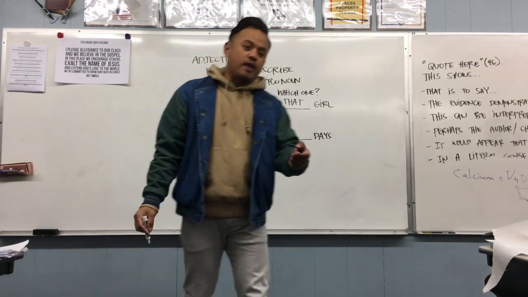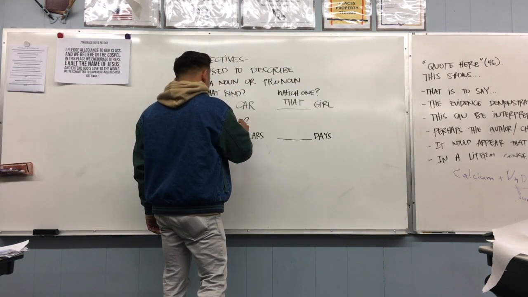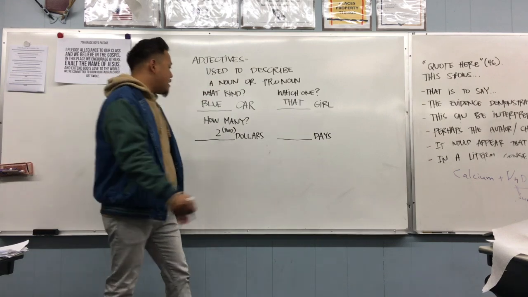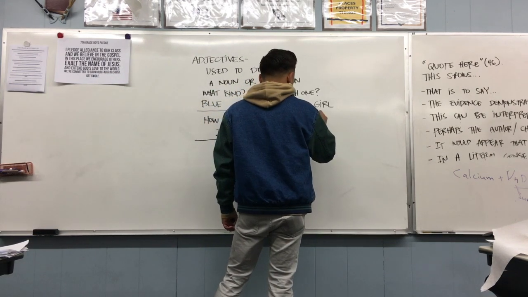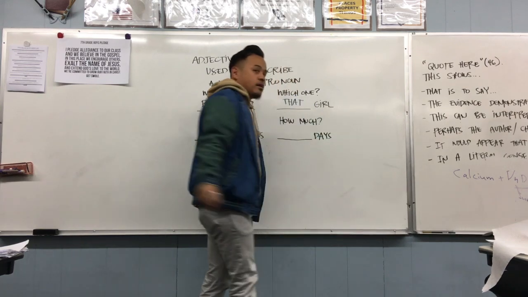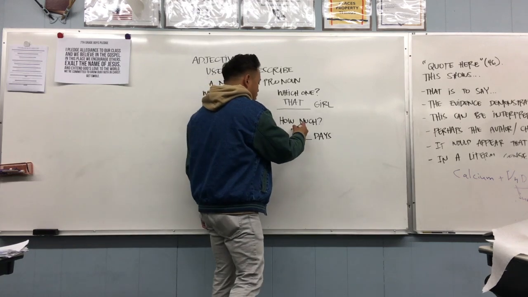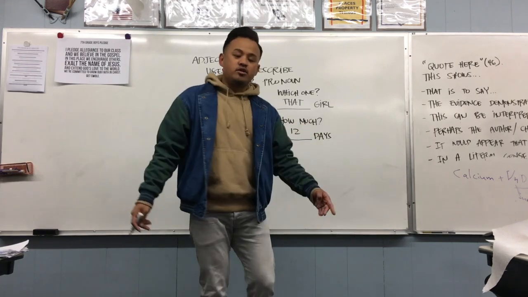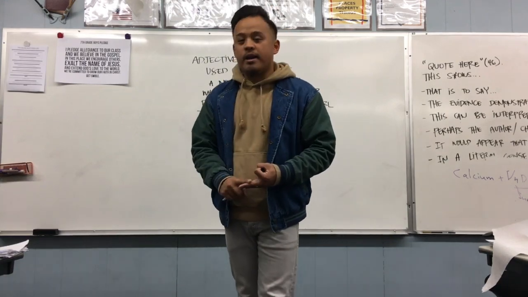I'm broke, so I only have $2, right? And then lastly, how much? How much time do we have to complete this paper? 12 days. You have 12 days to finish your essay. What kind, which one, how many, how much, all right?